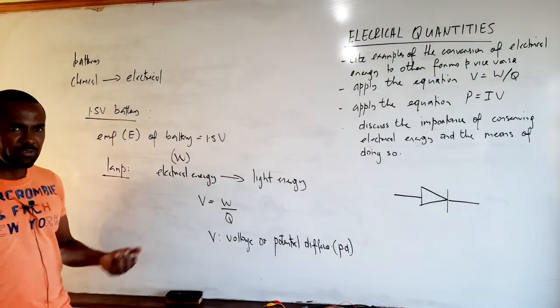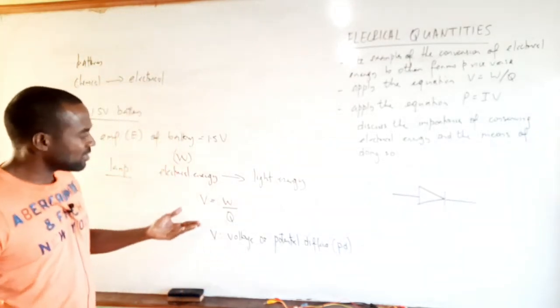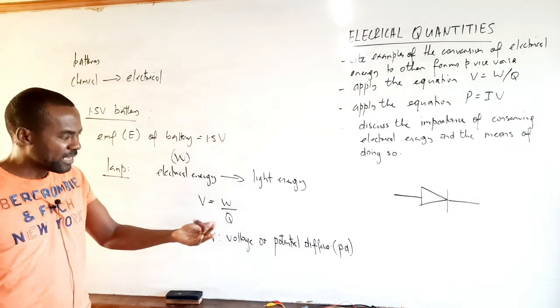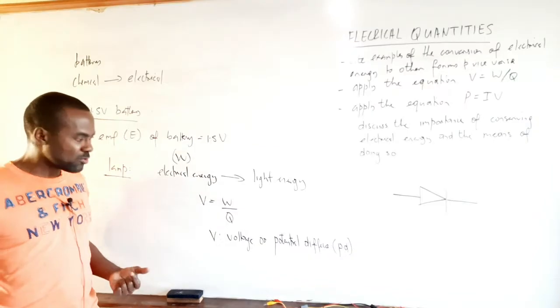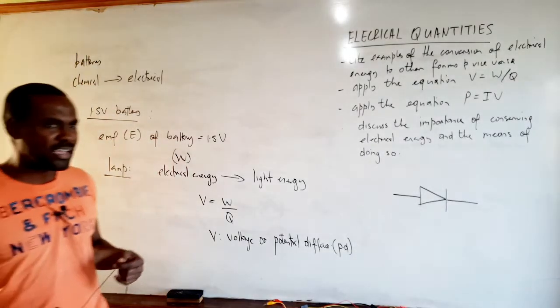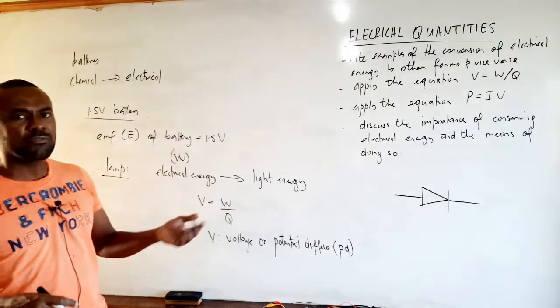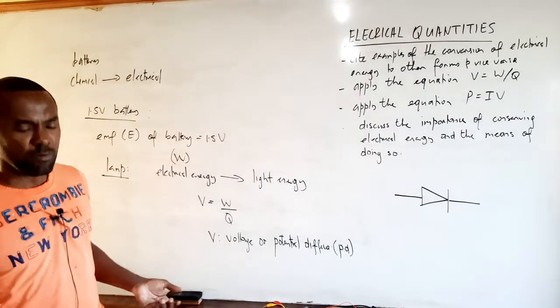So if we talk about, for instance, a resistor, it would basically convert the electrical energy, let's say, into heat, right? And we can talk about the potential difference or the voltage across any device in a circuit, any device which basically converts electrical energy into other forms, right?